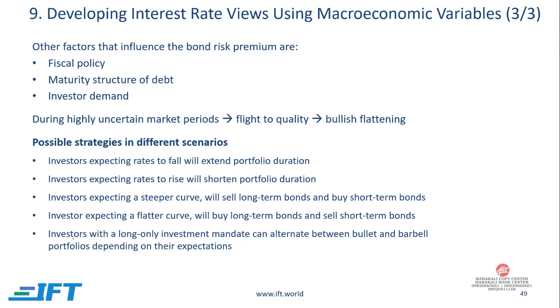This final situation has to do with investors with a long only investment mandate. Such investors can alternate between bullet and barbell portfolios depending on their expectations. So let's say that a particular investor is expecting a bullish flattening.